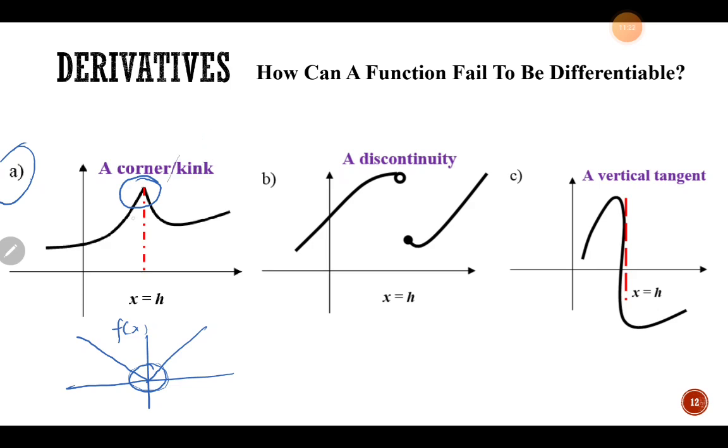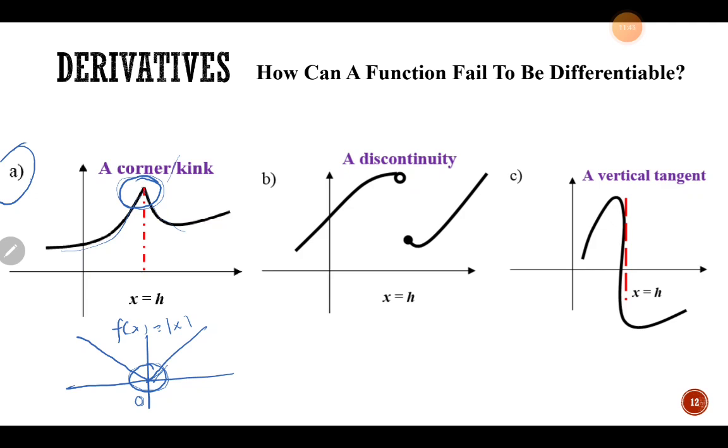Okay, when the function macam A ni, graf ni kalau tengok, there's no breaking point, it's continuous. However, it is not differentiable at x equals to h because samalah condition dengan f(x) equals to modulus x tadi, because we have a corner or a kink point at x equals to 0 ni, it is not differentiable.